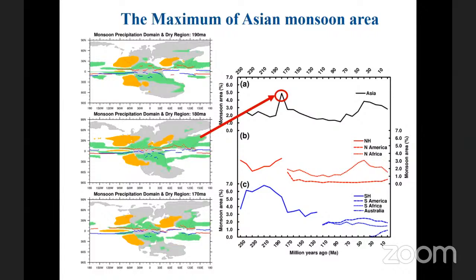The good location is around 30° north. So we can see the monsoon area is really large. For either 190 MA or 170 MA, this peninsula was farther north, so the monsoon area is quite small. So that's why there is the peak at 180 MA.